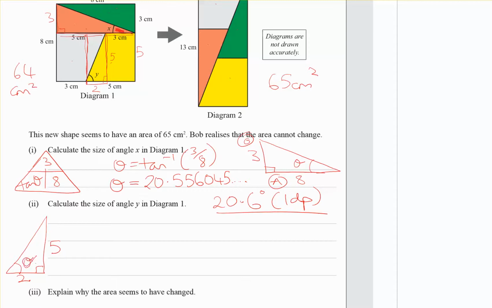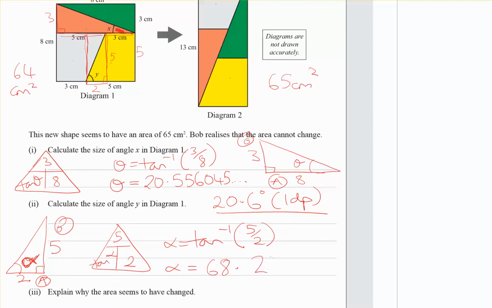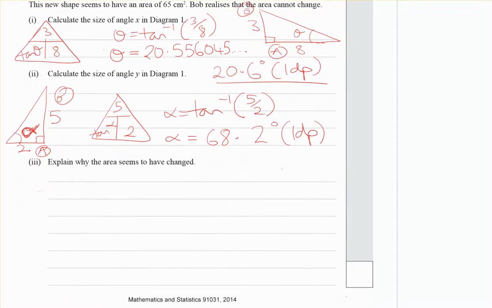Perhaps we could use a different letter like alpha. Once again, I've got opposite, adjacent, putting it in my triangle. Tan of alpha is the opposite over the adjacent, so one nice line of working. Alpha is going to be tan inverse 5 over 2. Making sure, of course, you're in degrees on the calculator, and that gives us 68.2 degrees. It's rounded to 1 decimal place.